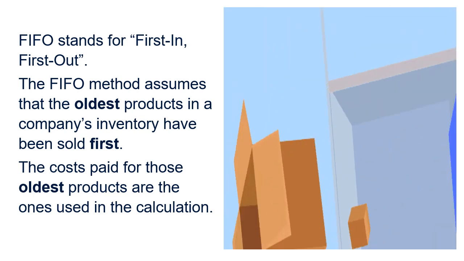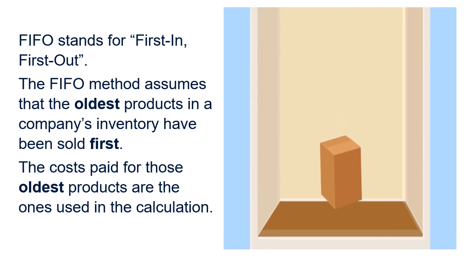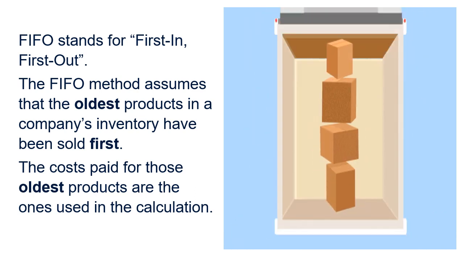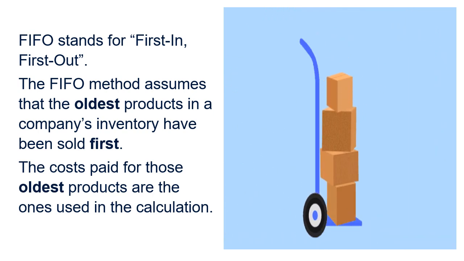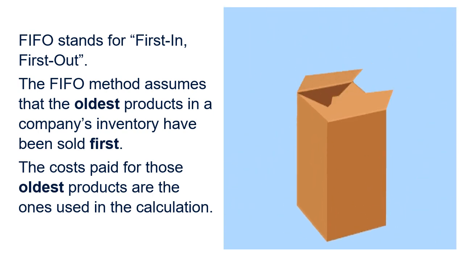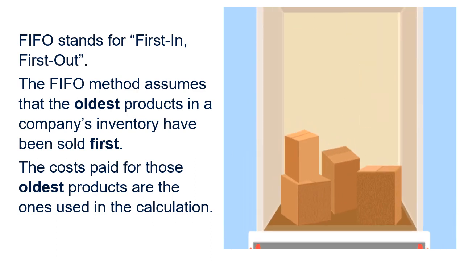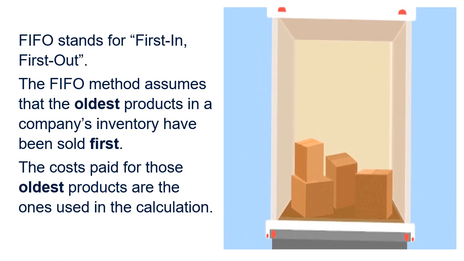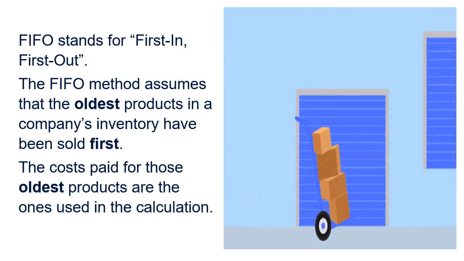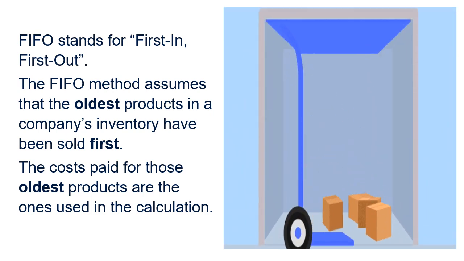It means the first one brought into the organization has to be issued or sold first, and the last one to be sold or issued at the end. The cost paid for those oldest products is the one used in the calculation.